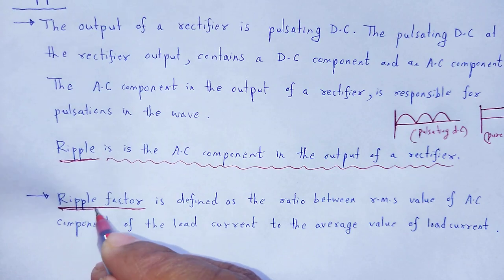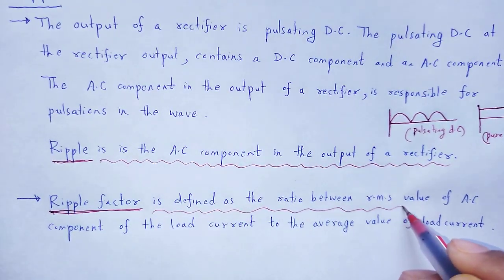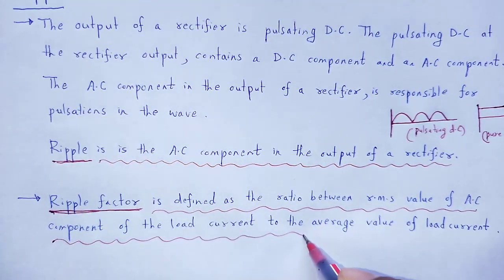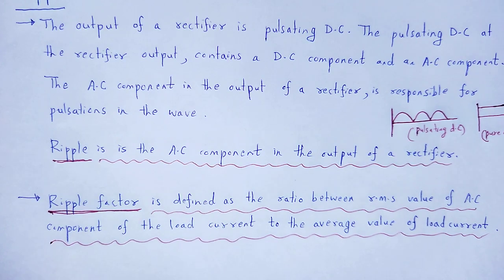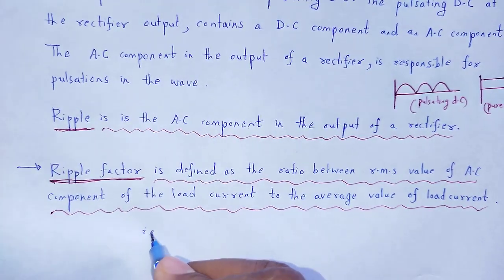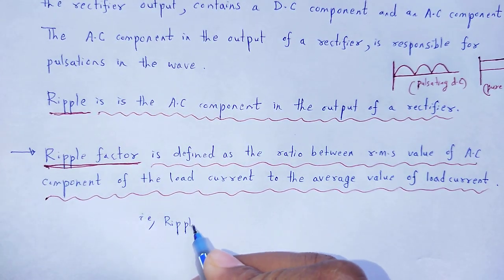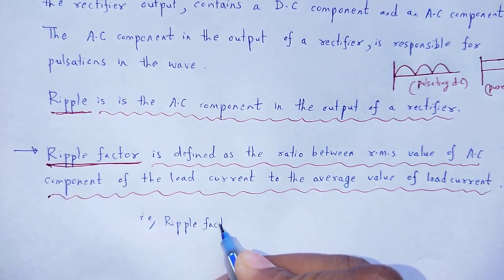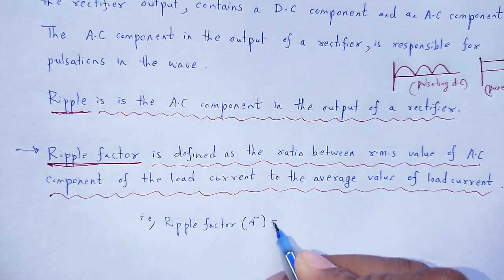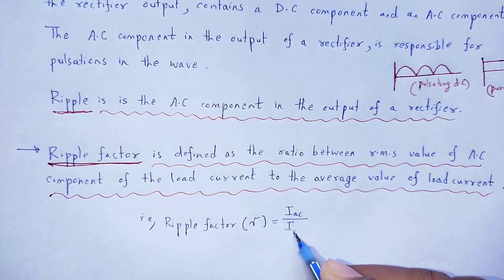Ripple factor is defined as the ratio between the RMS value of the AC component of the load current to the average value of the load current. Ripple factor gamma is equal to I of AC divided by I of DC.